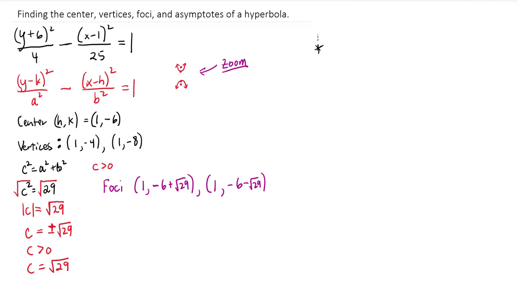So we can go up 2 and right 5, and of course we can go down 2 as well and right 5. So we really get this rectangular box as such. Now I don't need this part, so let me erase this part again. There we go. Now what do your asymptotes look like? Your asymptotes go from corner to corner and through the center.